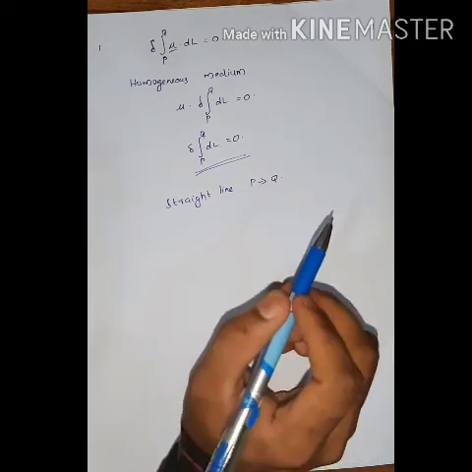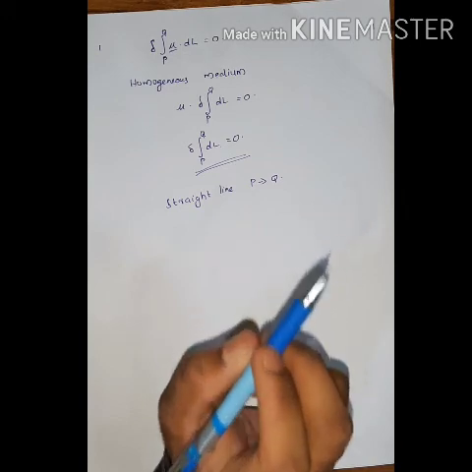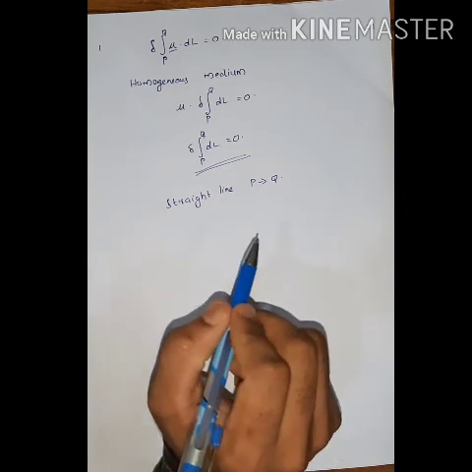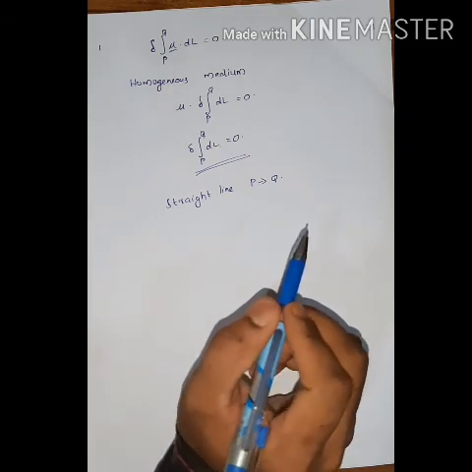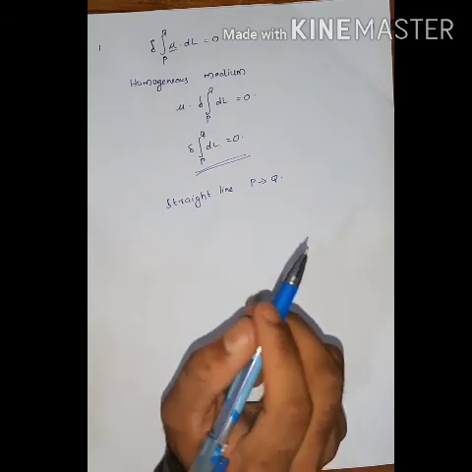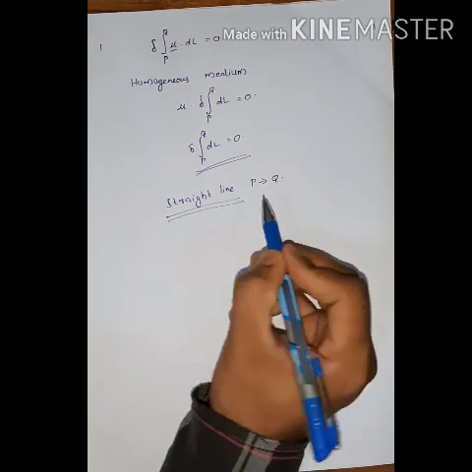So in conclusion, Fermat's principle states light will follow the path for which the time taken is minimum, or minimum optical path, which means that light will choose the path between p and q that is the straight line distance between p and q.